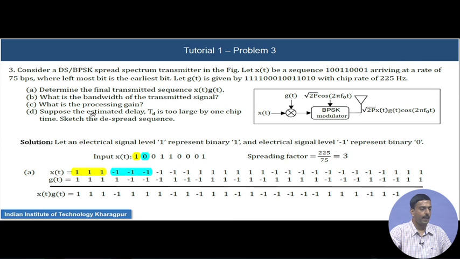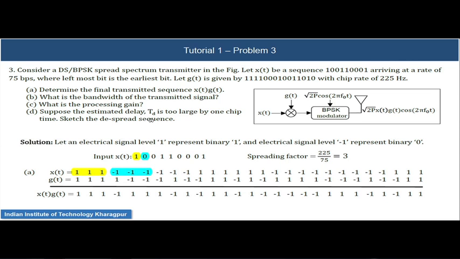Finally, it is mentioned that we have an estimated delay TD, which is too large by one chip duration, which now means that at the receiver our PN sequence is not synchronized with the transmitted PN sequence, which is a digression from the previous problem.